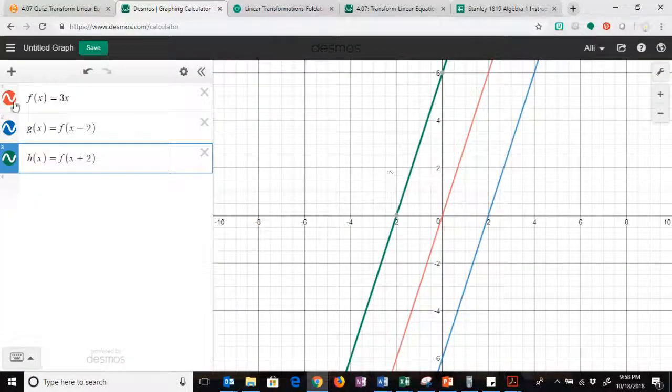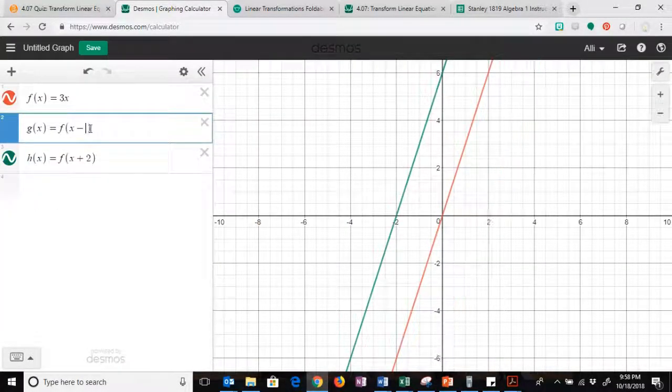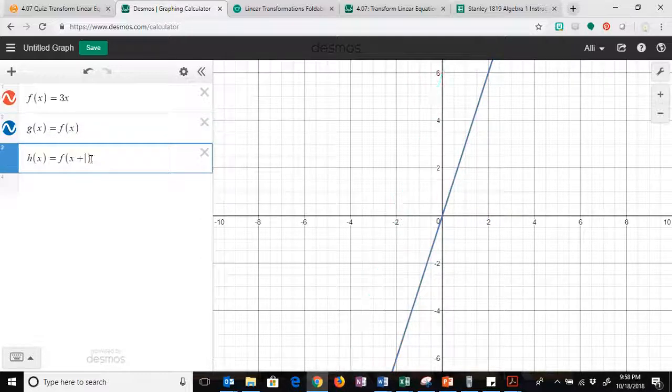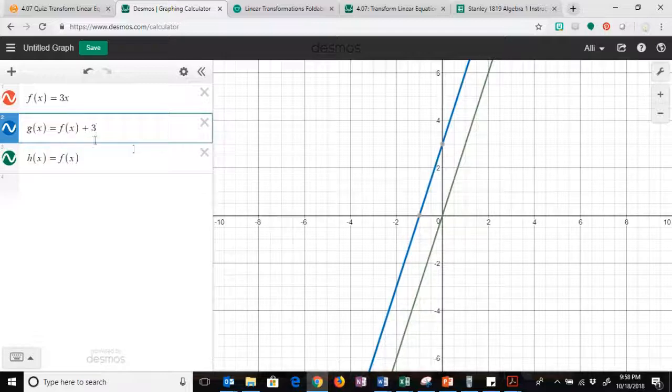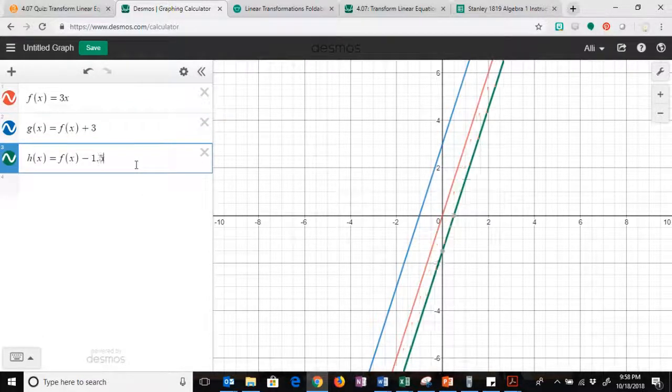Let's say we start with the same thing here, but I add 3, notice how my x-intercept has just changed. I've just moved my x-intercept from 0 up 3. I've just shifted this line up 3 units. And if I were to subtract 1.5, I've simply taken my red line, that original parent function, and moved it down 1.5 units.